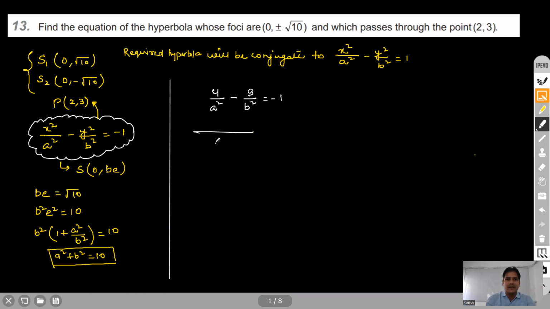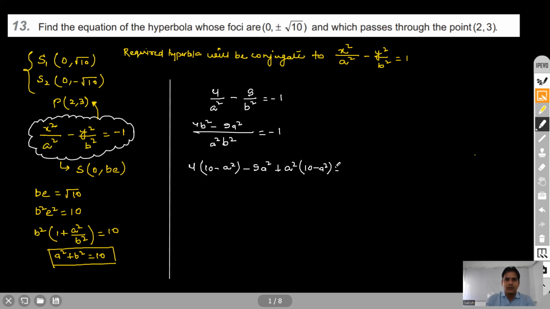Okay, I am taking LCM. We will have a square b square in the denominator. Here we will have 4b square minus 9a square is equal to minus a square b square. So 4b square, we can write b square as 10 minus a square, minus 9a square. And this term, when it comes to the left-hand side, we will have plus a square b square; again I will substitute the value of b square as 10 minus a square.